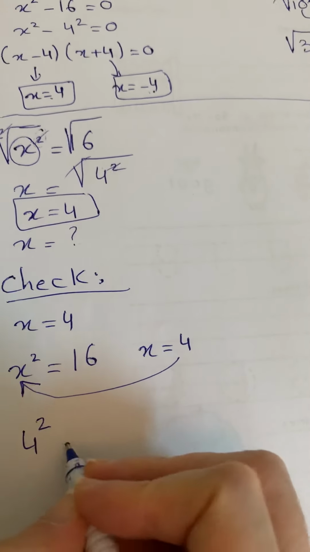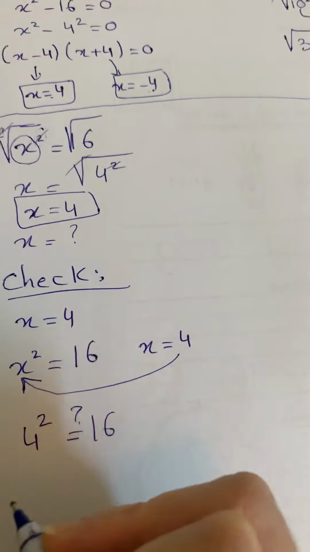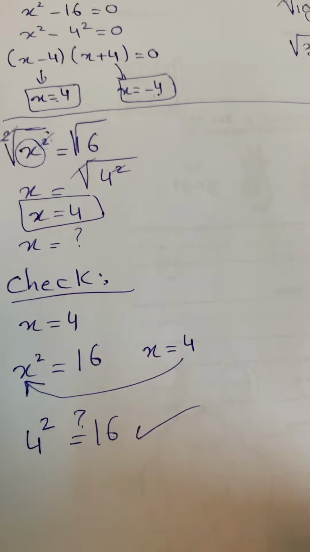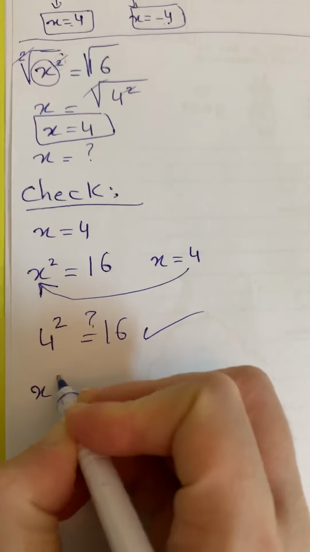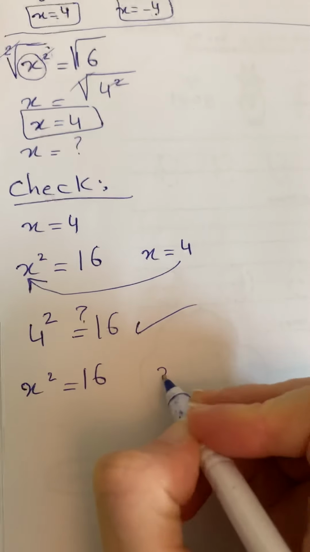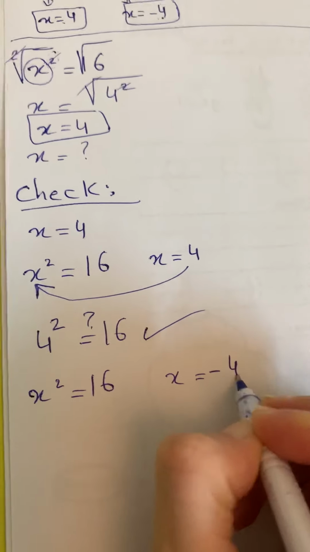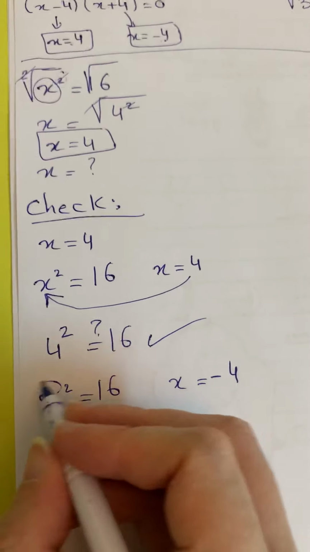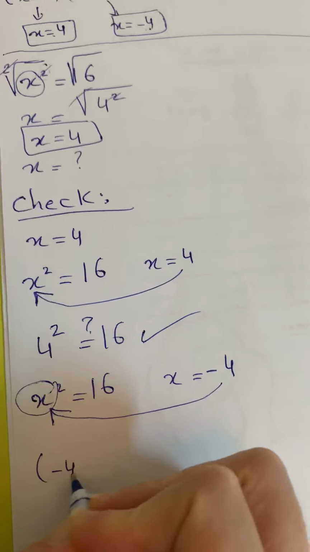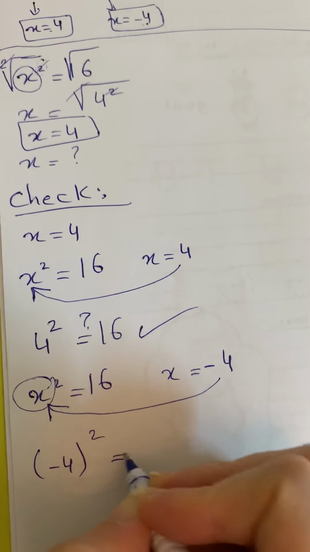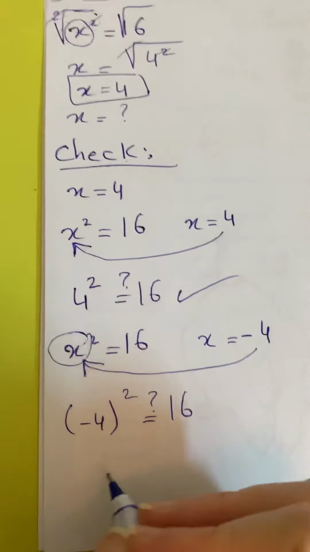Now 4 power 2, is it equal to 16? Yes, it is. But let's try the same equation with x equal negative 4. So instead of x, you replace x by negative 4. Is it equal to 16? Let's see.